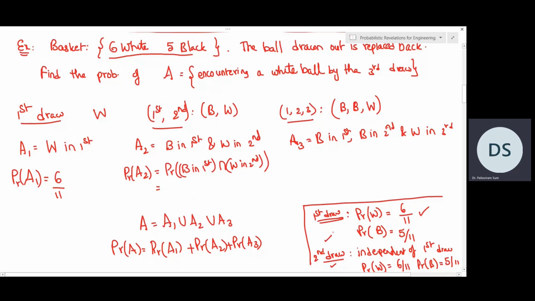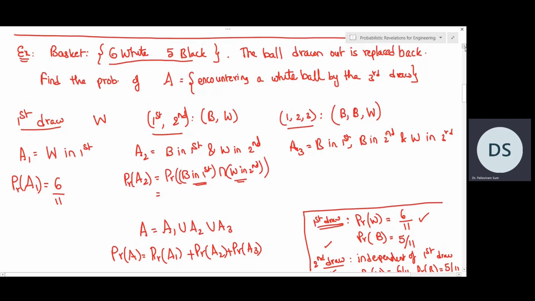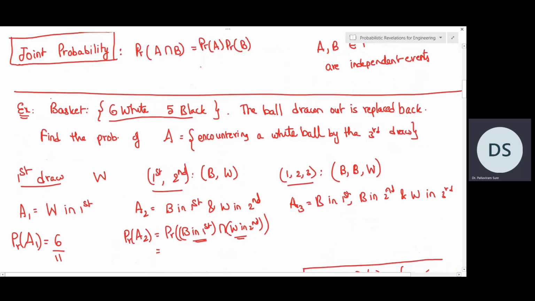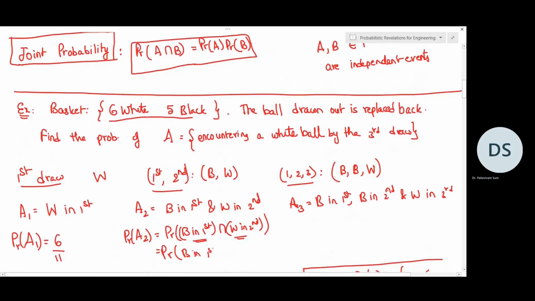But just now we have seen that the first draw and second draw are independent of each other. The meaning is this event and this event are independent of each other. So hence I can write the probability of A2 using this rule. We can write it as probability of A into probability of B. So I can write this as the probability of B in first multiplied with the probability of white in second, because they have no dependency.